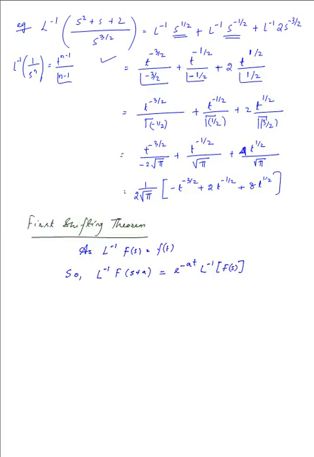Next we move over to the first shifting theorem in this case, that is, if we have the inverse Laplace transform of f of s to give us f of t, then the inverse Laplace transform of f of s plus a is going to be equal to e raised to the power minus at times the inverse Laplace transform of f of s, which is obviously f of t.